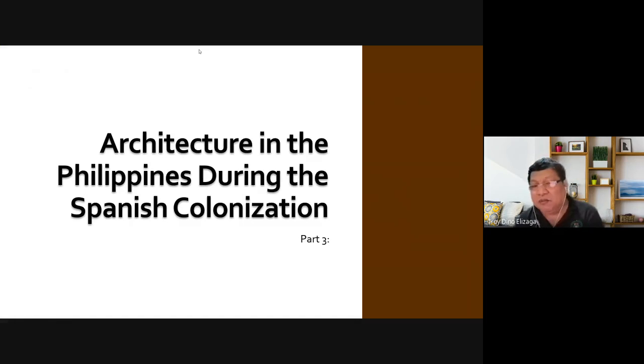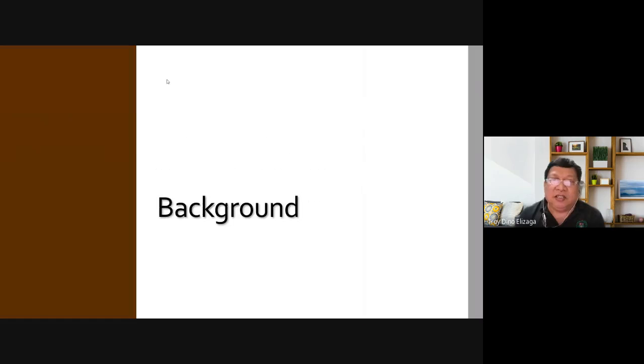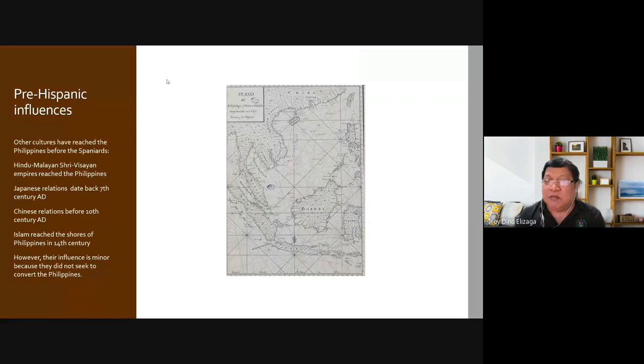So we now come to the meat of the presentation, which is the architecture during the Spanish colonization. Now, some of you, well, Lantawan is now available online through ISMIS. I wrote an article there which you can read to understand more about the development of towns in Cebu.